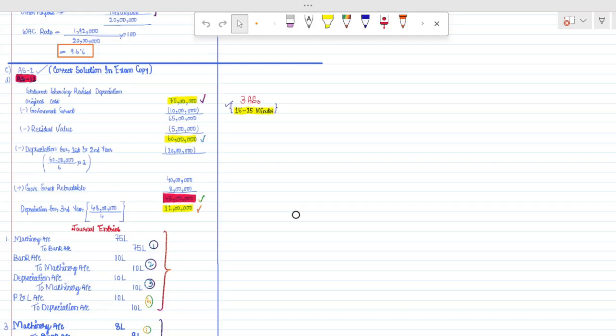Generally the questions of accounting standards are easy. If you understand the concept of a particular accounting standard, it will be very easy to solve questions from it.